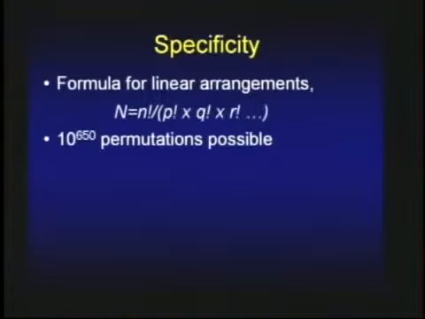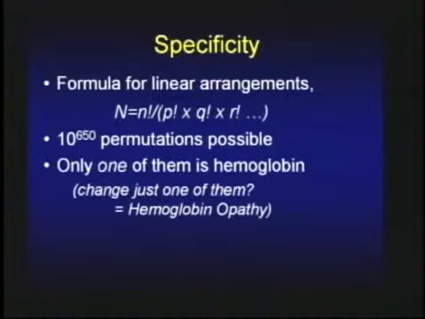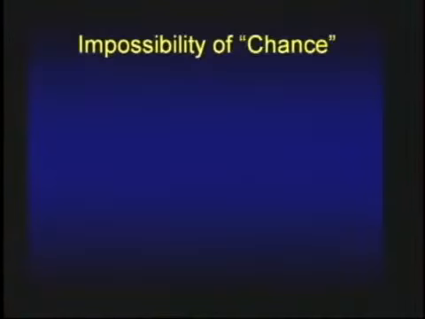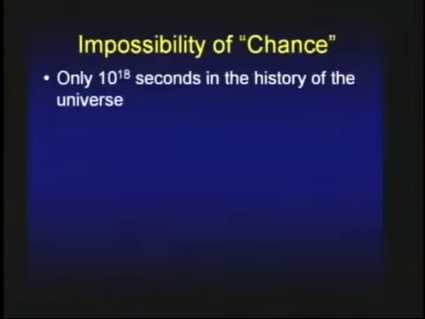Now, here's the point. If you get it wrong, that's called hemoglobinopathy. It's fatal. Sickle cell anemia is a derivative of this. In other words, they have to be precisely right. Could that happen by chance? Mathematically impossible. You want 10 to the 650th power? There are only 10 to the 18th seconds in the history of the universe if you accept the 15 billion year history of the universe that the scientists talk about.